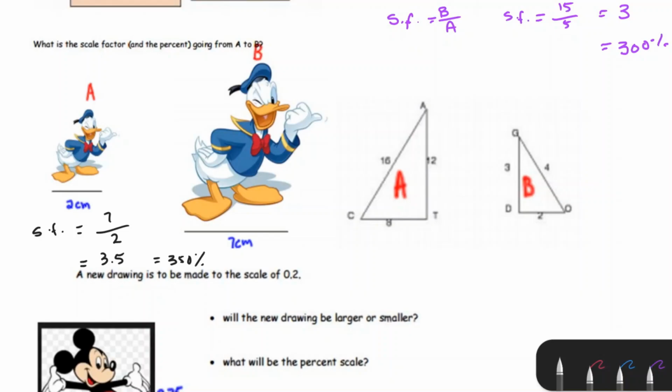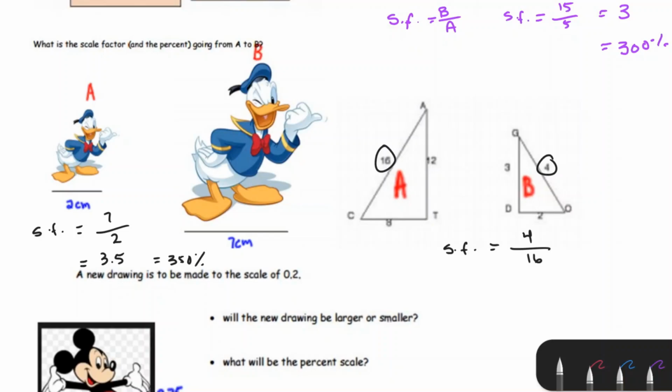Triangle A to B. My scale factor is, right? And as long as I'm comparing the same sides, we talked about triangle congruency. These are side, side, side congruent in the sense that one has just been scaled up compared to the other. If I wanted to compare hypotenuse to hypotenuse, I could do that. A is old on the bottom, B is new on the top.